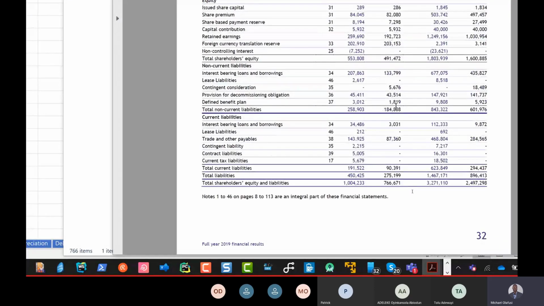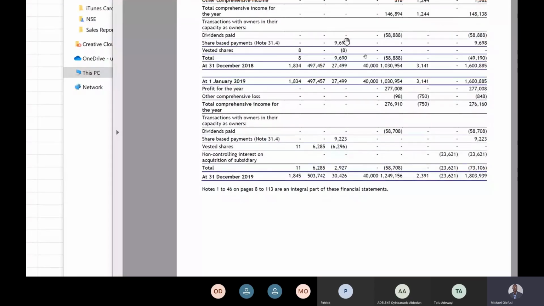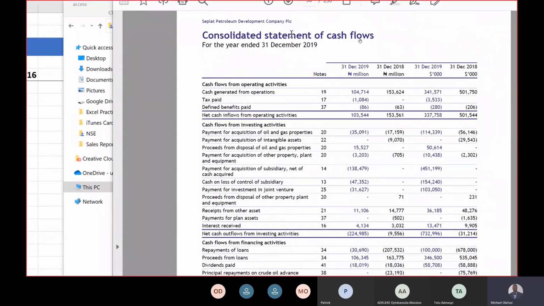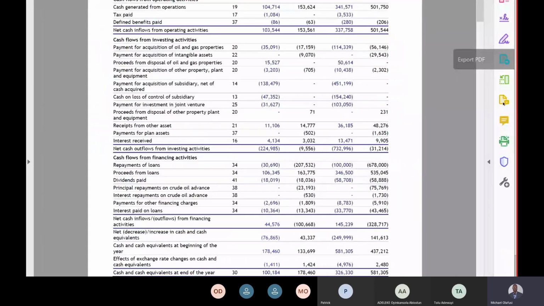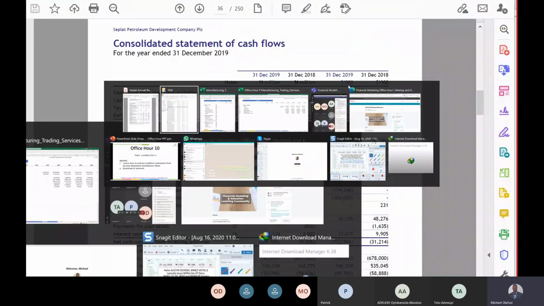Okay, so I think we are getting there now. Consolidated. All right, changing, cash flow. This is also direct. Why is all the companies we are picking using direct?